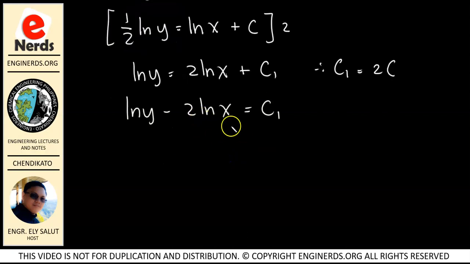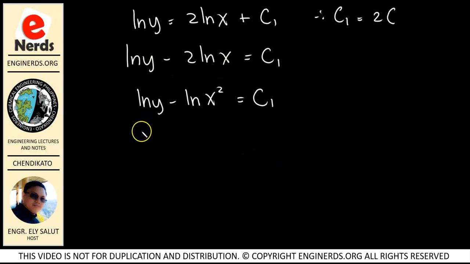Okay, so now I'm going to simplify itong 2 ln x natin using our properties of logarithm. So I will have ln y minus ln x squared is equal to c1. Okay, so another property ng ating logarithm is that we can combine this subtraction of logarithm in here. Okay, so I will have ln y over x squared is equal to c1.